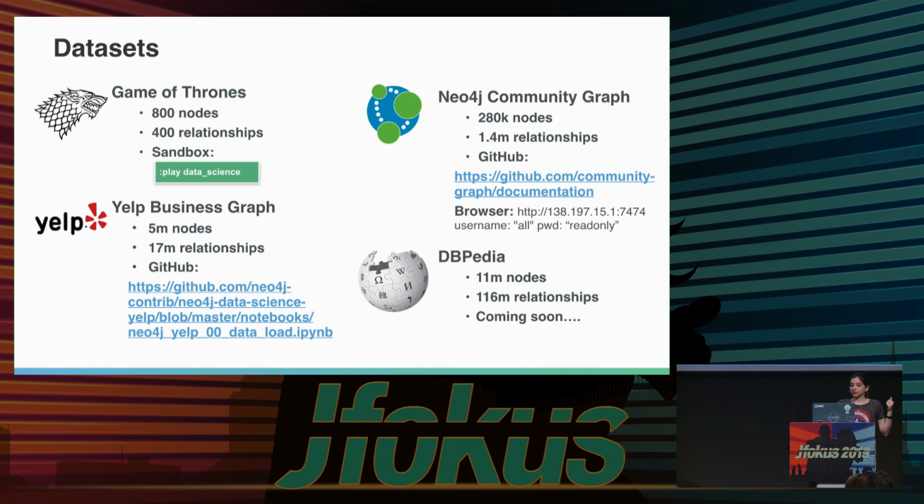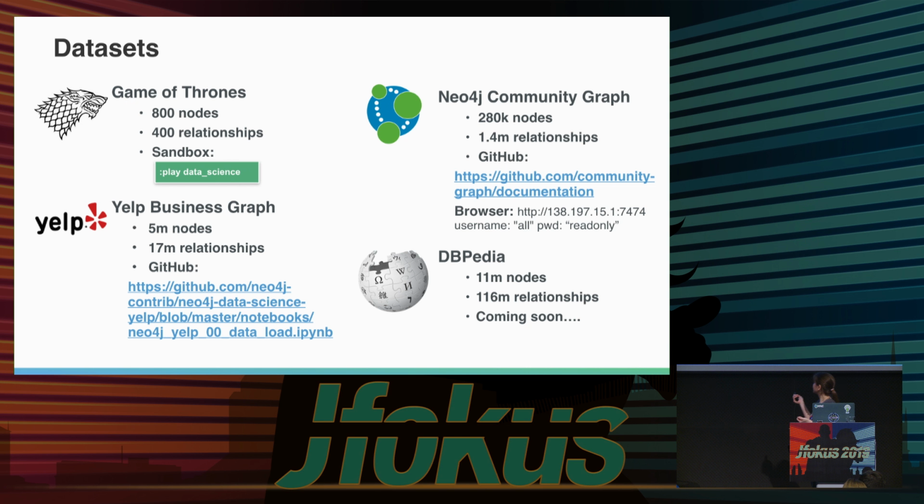We have various data sets you can use. I ran the Game of Thrones one, which is relatively small, but we also have Yelp business graph data that you can use. There are a ton of demos and blog posts out there for that, so if you need help or have questions, there are good resources. We also have a Neo4j community graph, so you can access some of that information and run some analysis there.